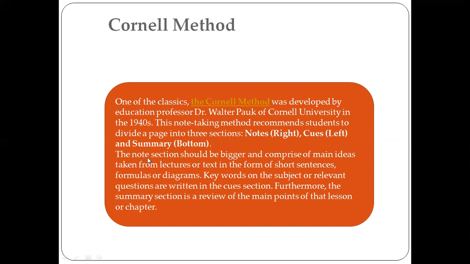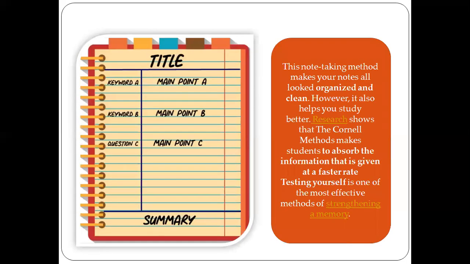The notes section should be bigger and comprised of main ideas taken from lectures or texts in the form of short sentences, formulas, or diagrams. The keywords on the subject and relevant questions are written in the cues section. Additionally, the summary section is a review of the main points of that lesson or chapter.